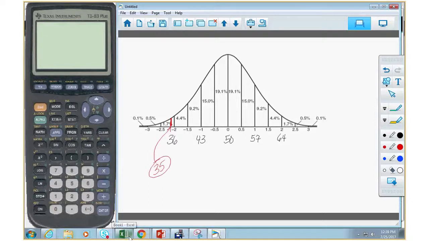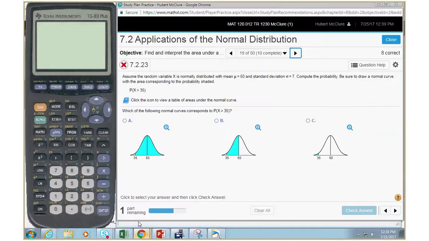Now, the question says, what is the probability of that number being greater than 35? Y'all look at that right there. X is greater than 35.